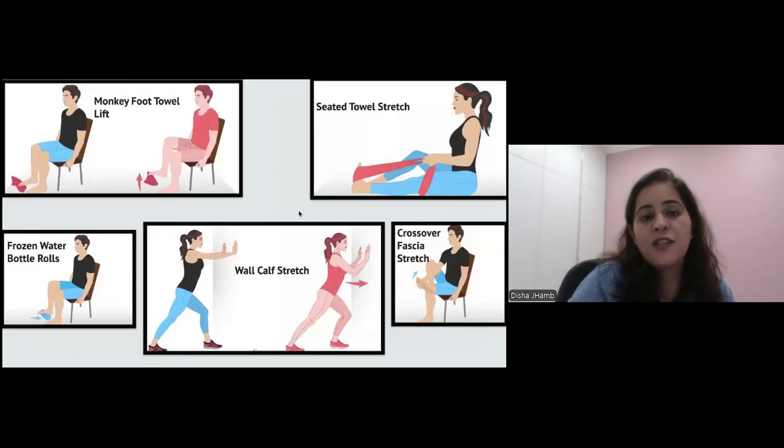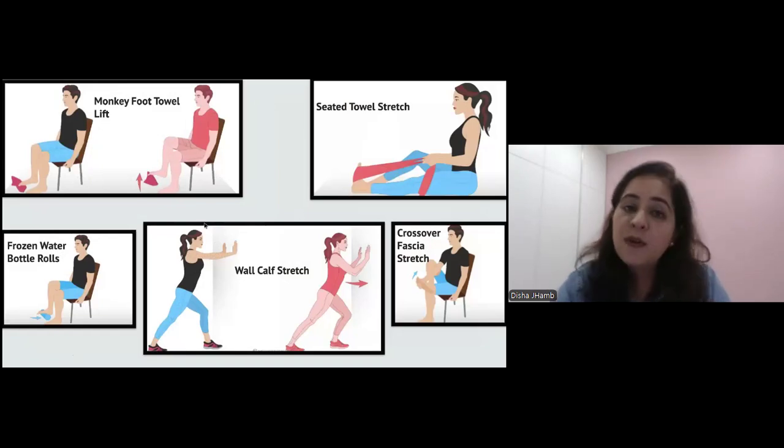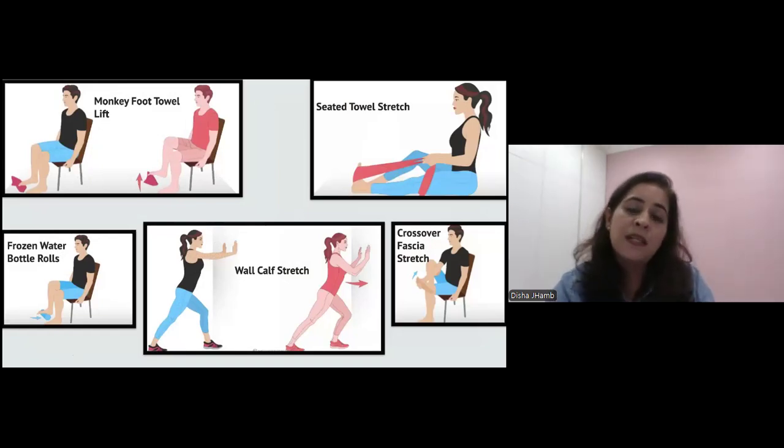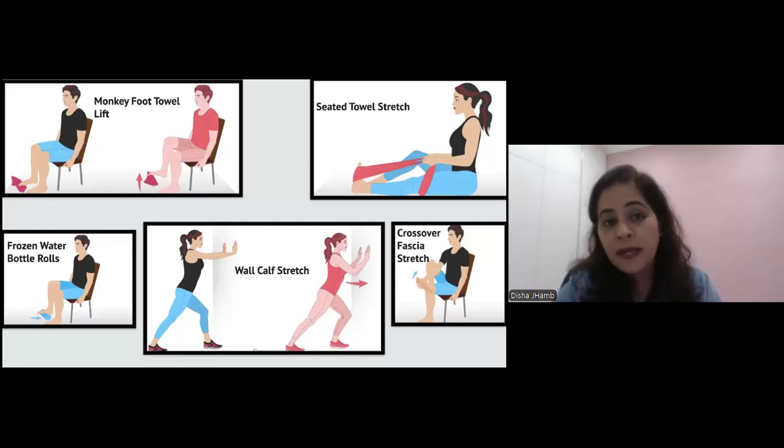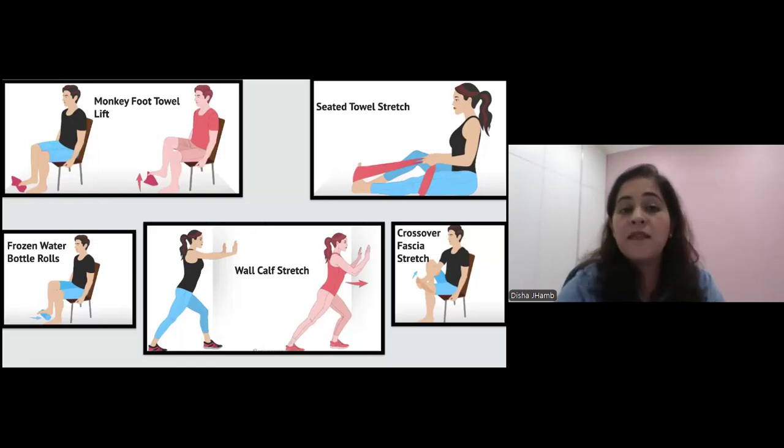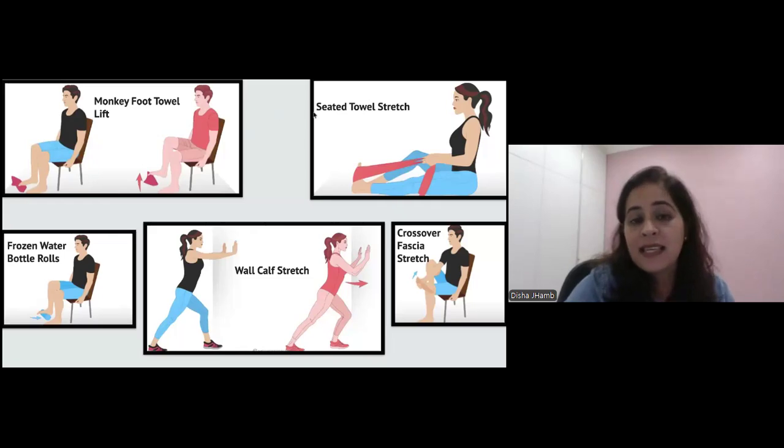The point that you need to keep in mind is, suppose today I ask you what your pain level is, on a scale of 1 to 10, where 10 is the maximum pain and 1 is minimum pain or no pain, where would you rate your pain? And suppose the answer given to me is 4, and then you start performing these exercises.